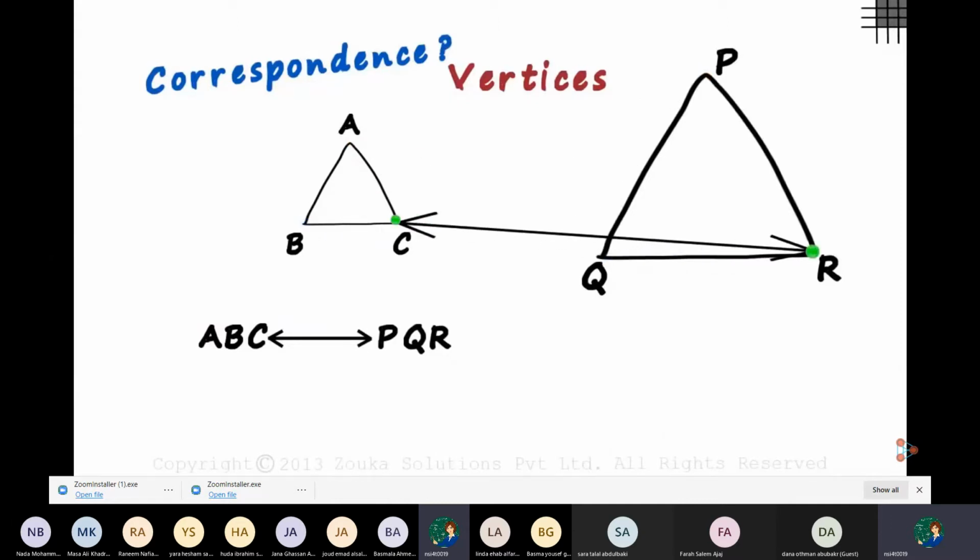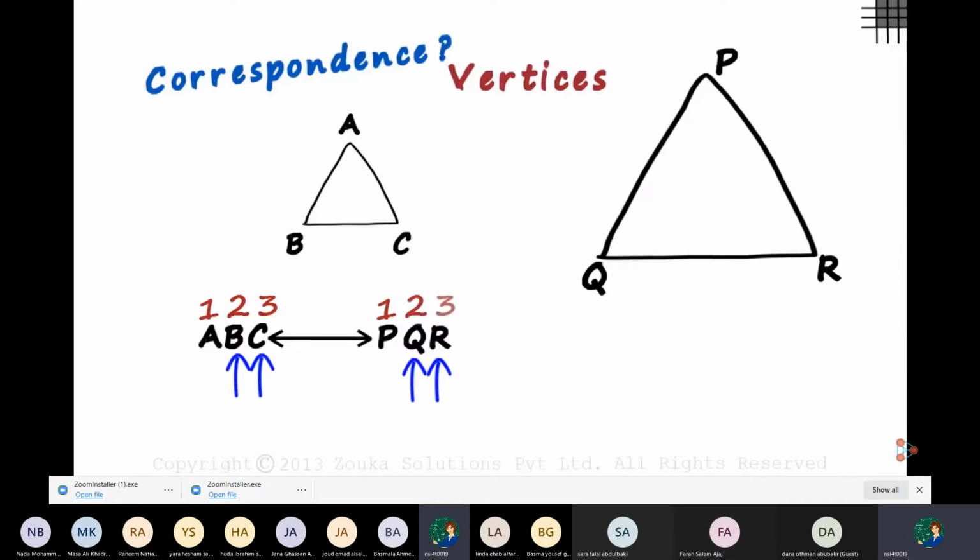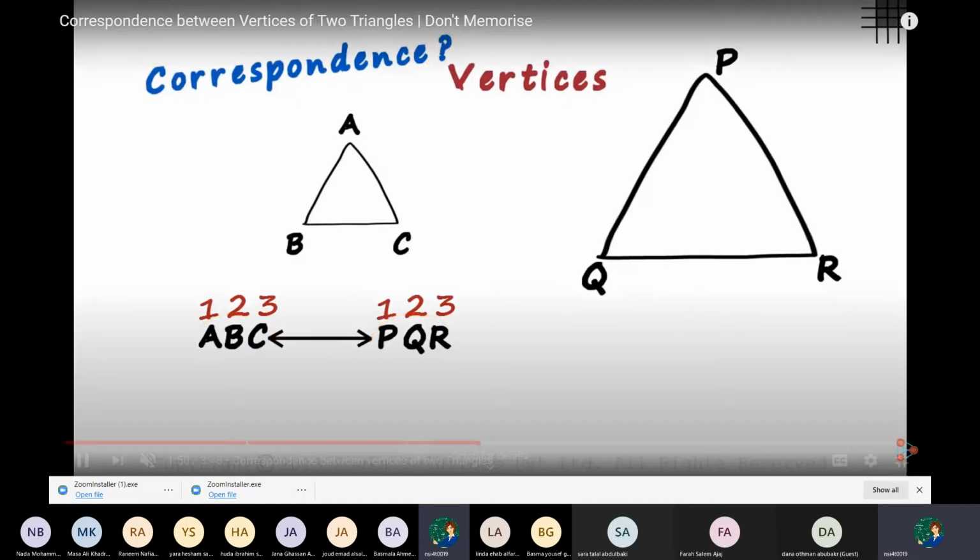C and R, they correspond also. And A and B correspond to P and Q. A and C correspond to P and R. And B and C correspond to Q and R. So if you want to draw two figures, you have to draw them in correspondence. One triangle must be drawn corresponding to the other triangle.